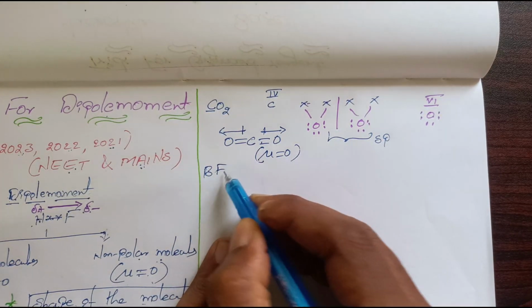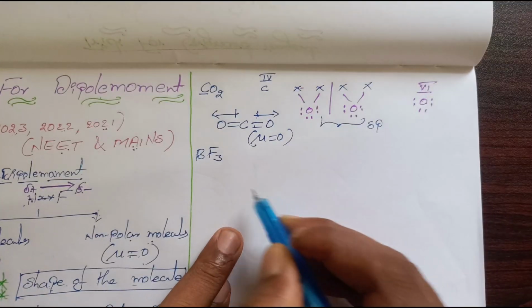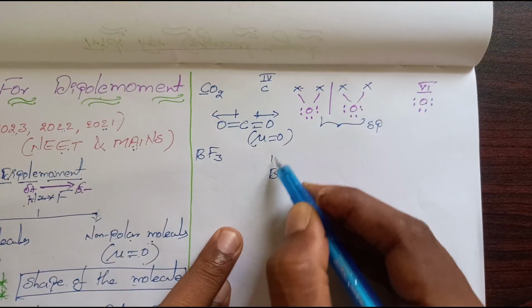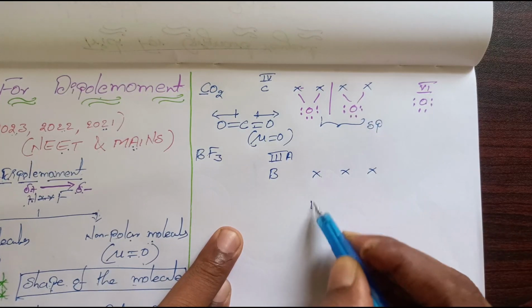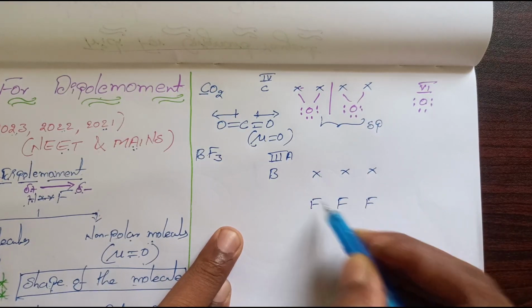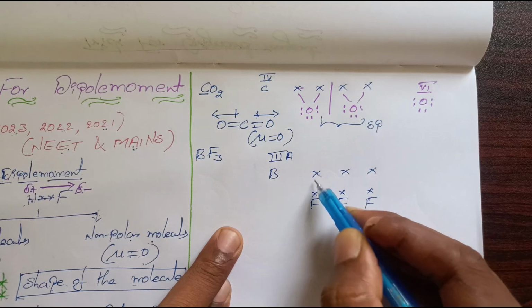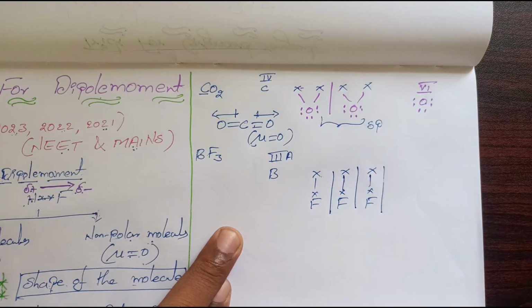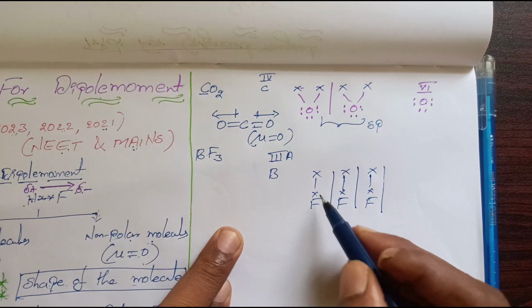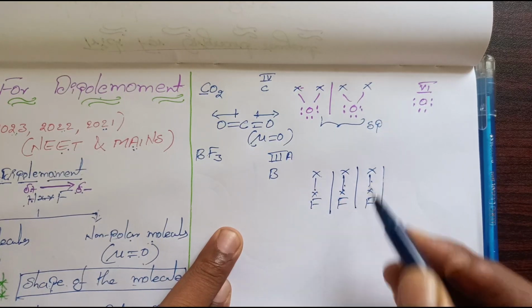Next molecule, BF3. The central atom is boron, a group 3A element, valence electrons 3. Around the boron, 3 fluorines are there. Here the fluorine electron overlaps with the boron electron. Observe the hybridization here: s, p1, p2.